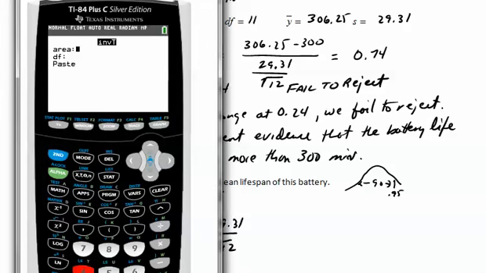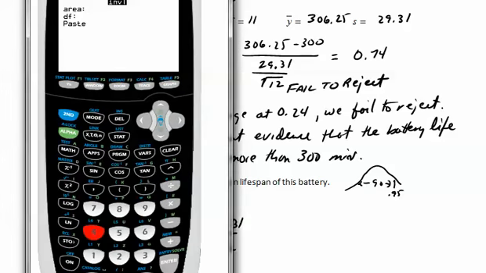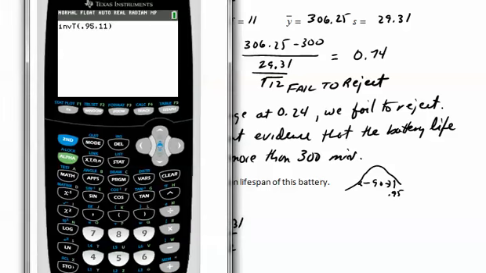So I'm going to put in 0.95 here. The degrees of freedom we said was 11. I'll go ahead and calculate that, and there's my t star value, 1.796.